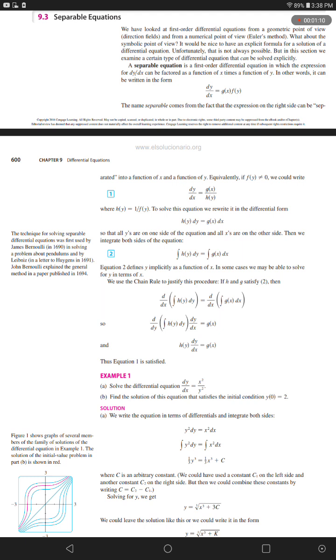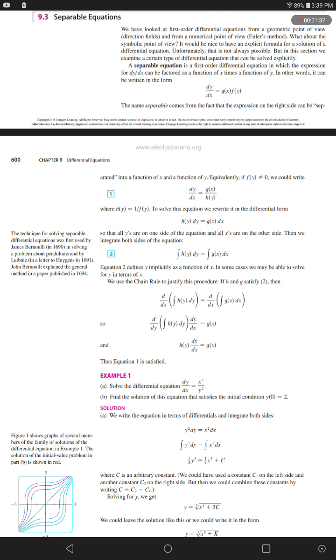In other words, it can be written in the form dy/dx = g(x) f(y). The name separable comes from the fact that the expression on the right side can be separated into a function of x and a function of y.